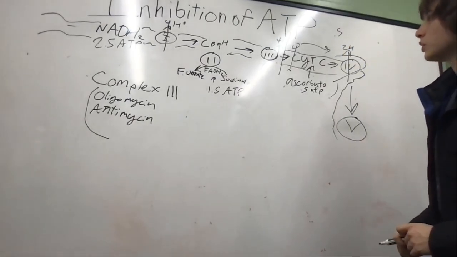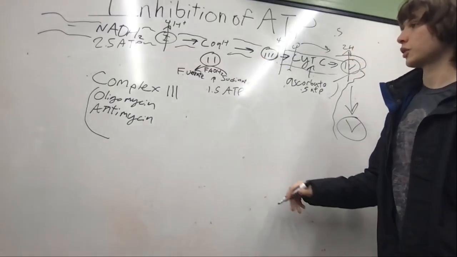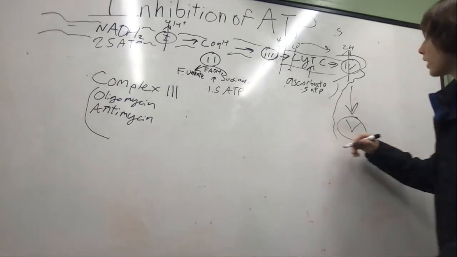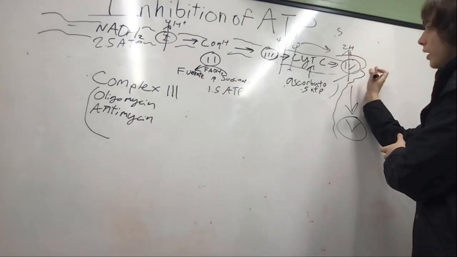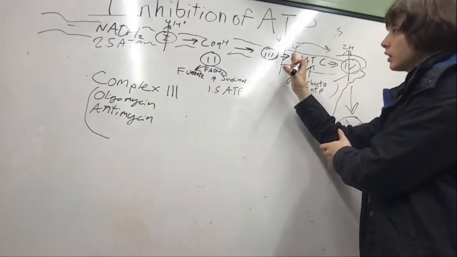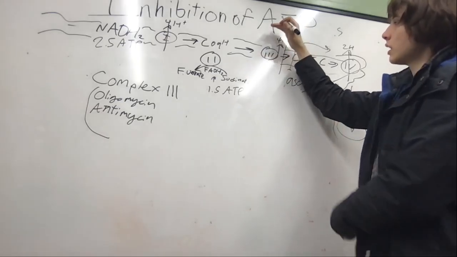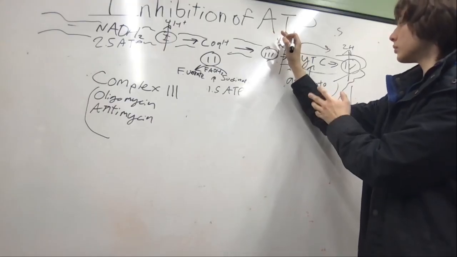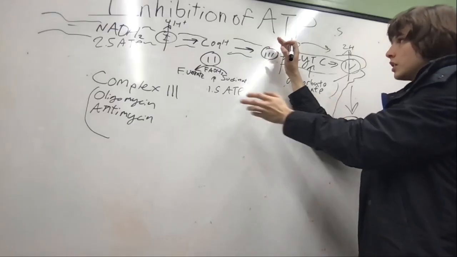The issue is that we still have maybe this pump out once, but we're blocking off complex 3 here. It's not being able to donate any protons, and we're stuck. We're only left with the ascorbate at 0.5, and we cannot send any more electrons.